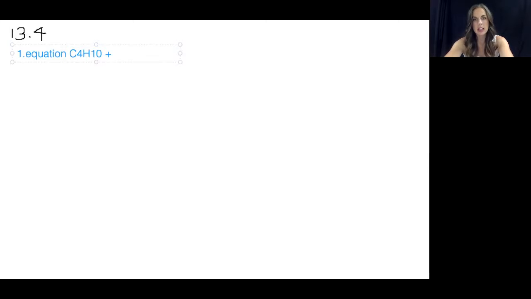They tell me this is a complete combustion reaction, so I'm adding it to O2. That's technically an arrow, you guys should know that. And that's going to produce water and carbon dioxide.